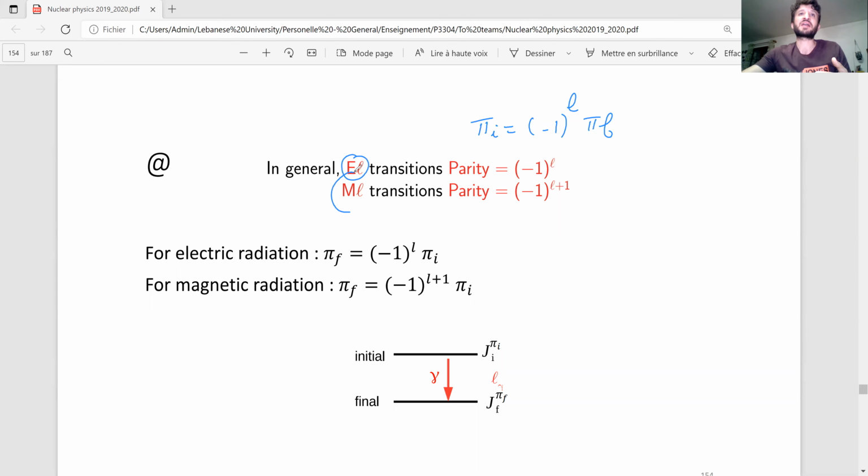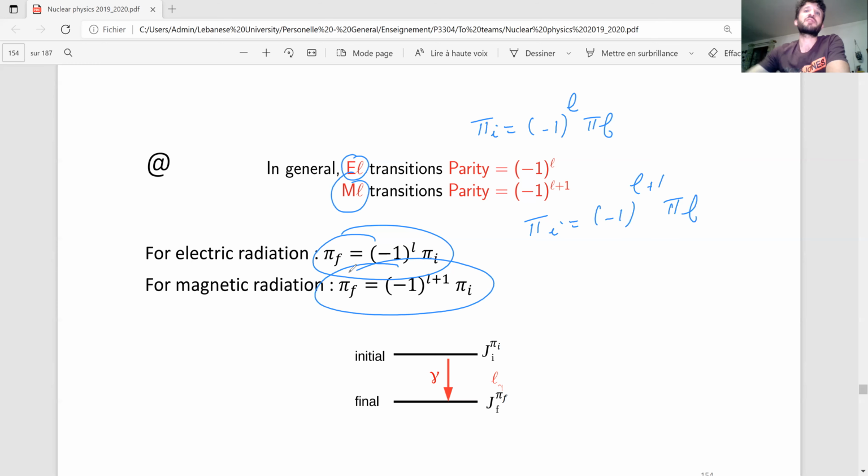In the case of magnetic transition, we can say parity initial equals (-1)^(L+1) times P final. We can say P initial equals (-1)^L P final, or P final equals (-1)^L P initial. It's the same for E and L. So this is the condition to have an electric transition, and this is the condition to have a magnetic transition.